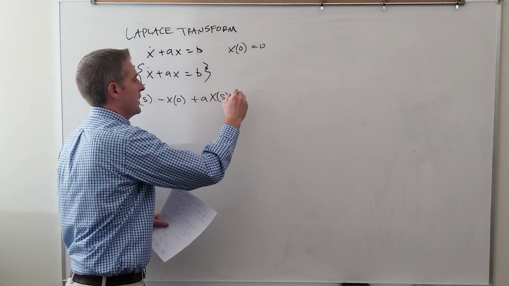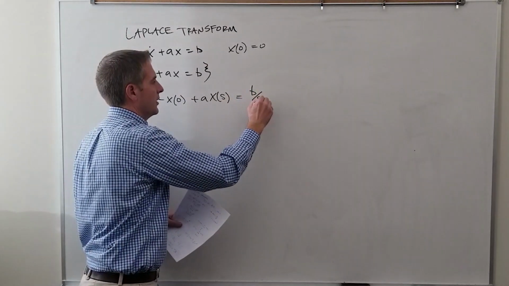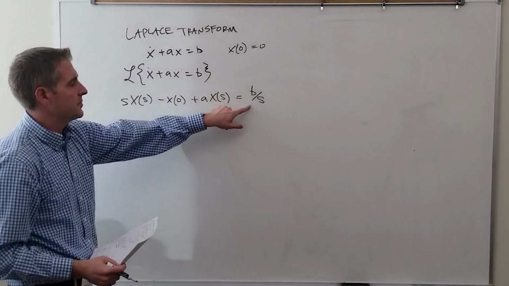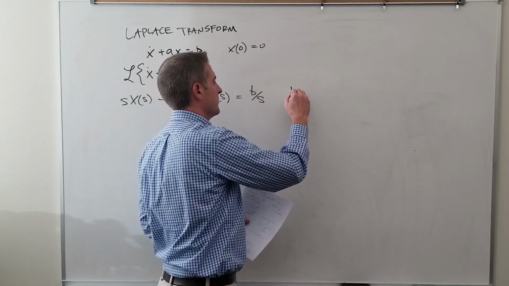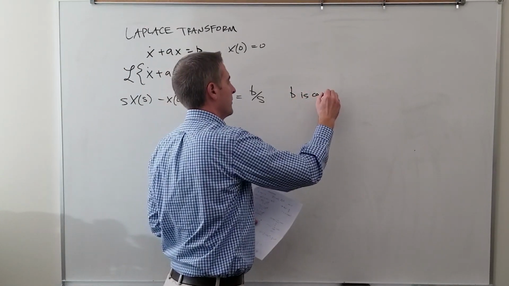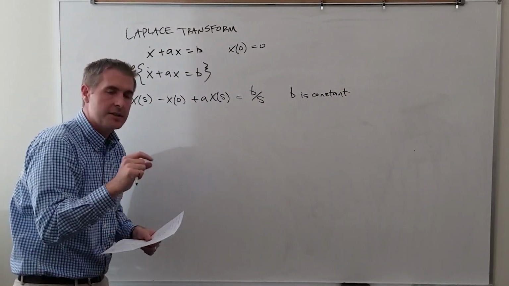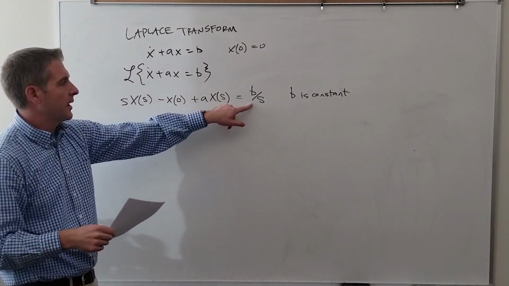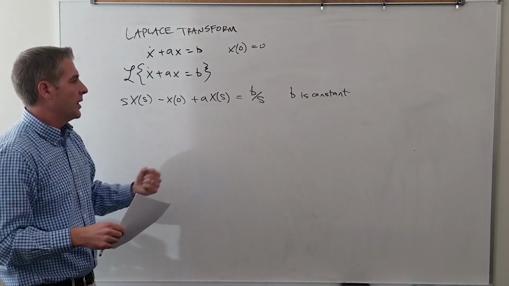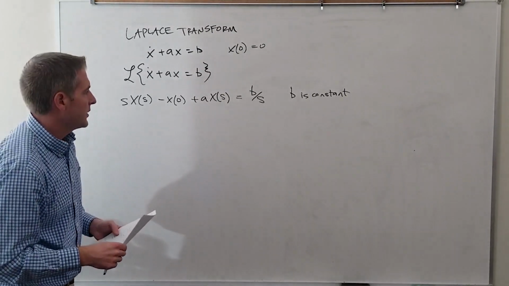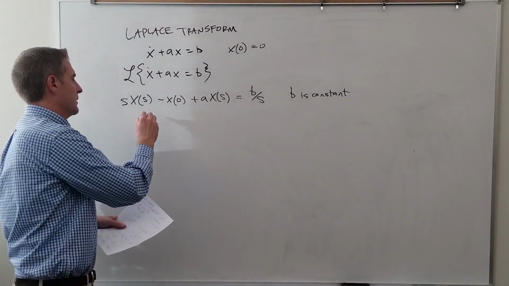And then on the right-hand side, we'll put b over s, and this makes an assumption that b is constant. And as a result, we can look up one of the lines in table 2.2 to make that connection right there.